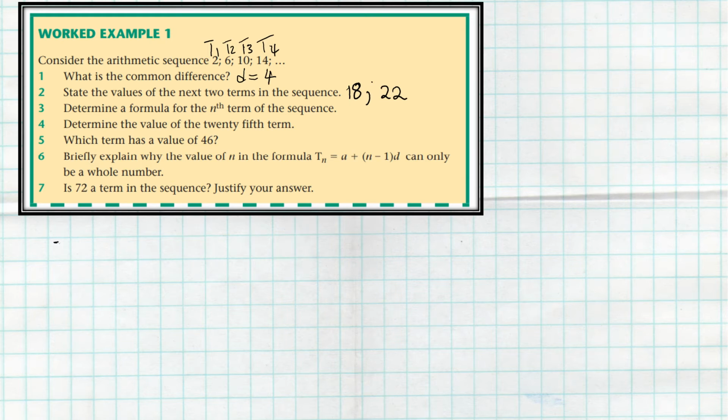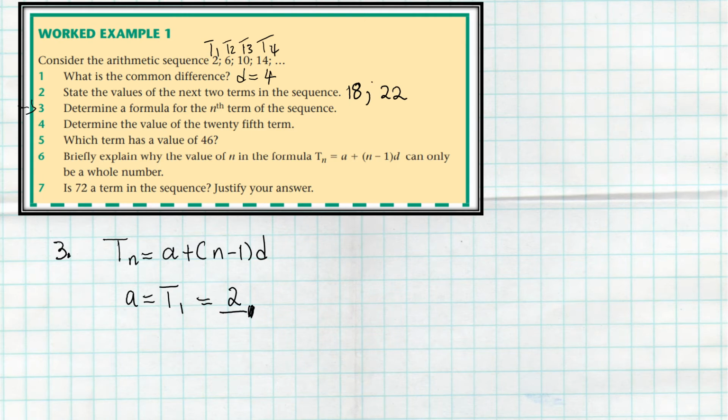Number 3 says determine the formula of the nth term of the sequence. This is an arithmetic sequence, and we know the nth term is equal to a plus n minus 1 d, where a is our first term, which is 2.